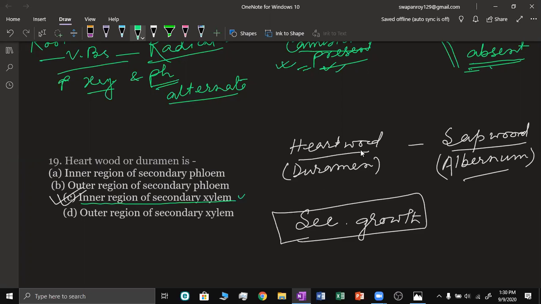The term wood is always used for xylem tissue. Xylem is equivalent to wood. So it is found in the inner region.